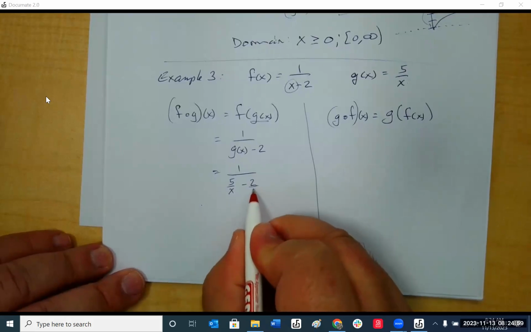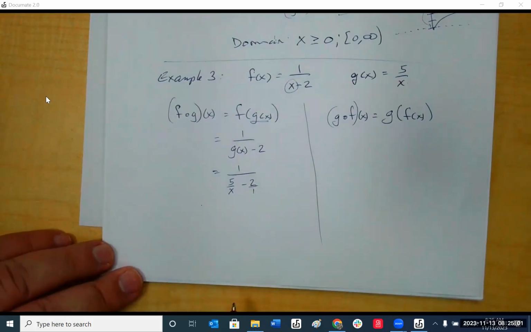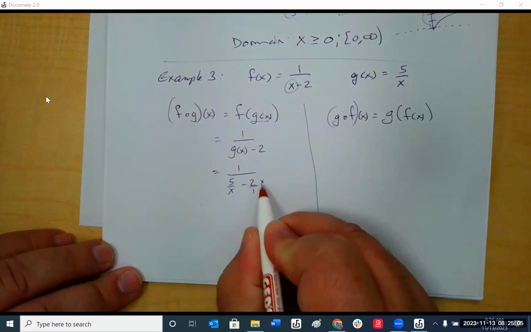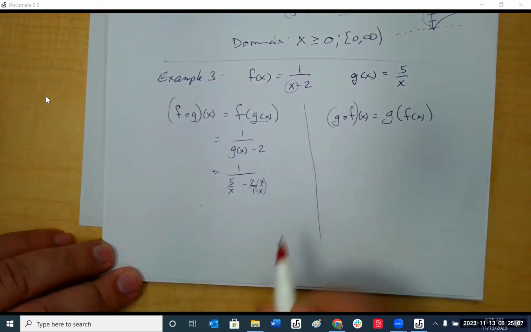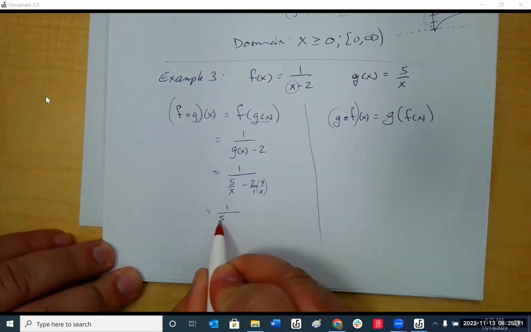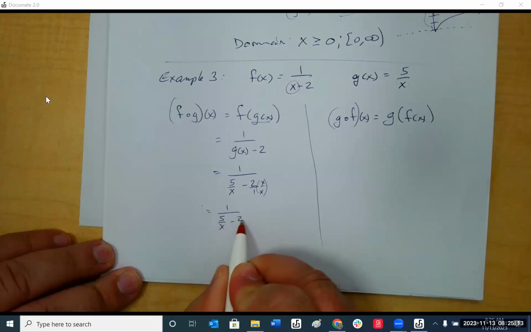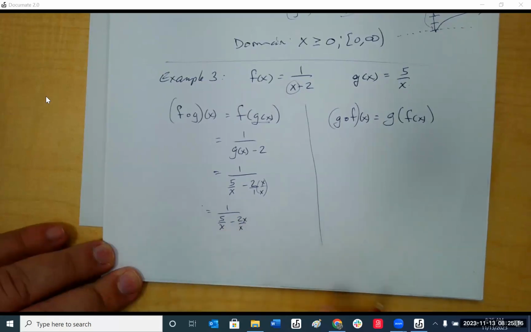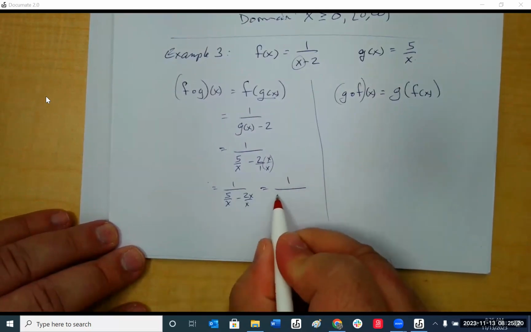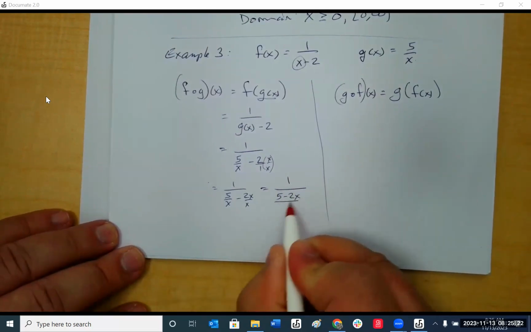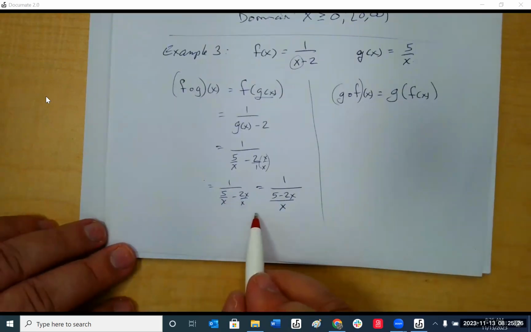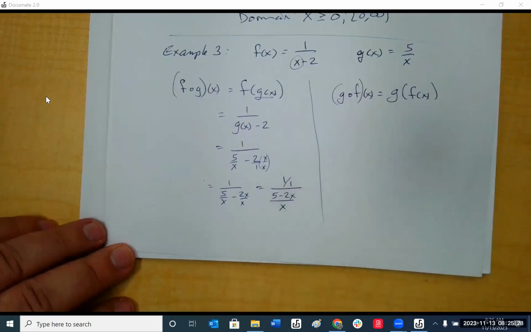So it's a fraction minus a fraction. We have to get a common denominator, which is x. So I have to multiply this one by x over x. 5 over x minus 2x over x. We fixed the bottom. Now the top is a fraction also. It's 1 over 1.